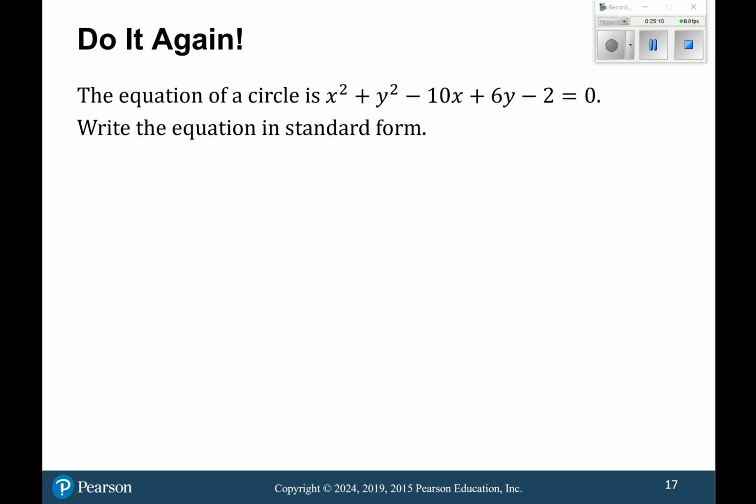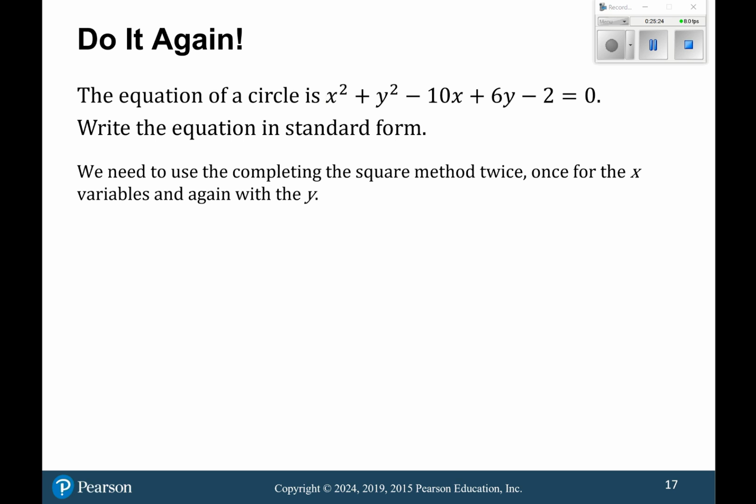Let's try it for a circle. Now again, you'll notice the coefficients of the squared terms are the same. That's how we know this is going to be a circle. Same thing as before. Put the x squared and x term together, leave a space.